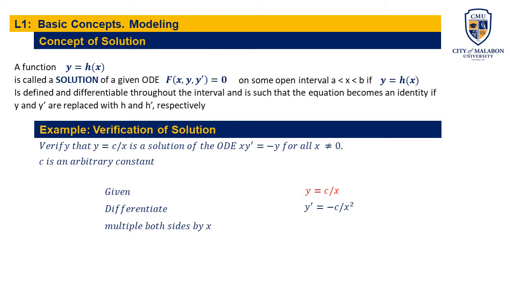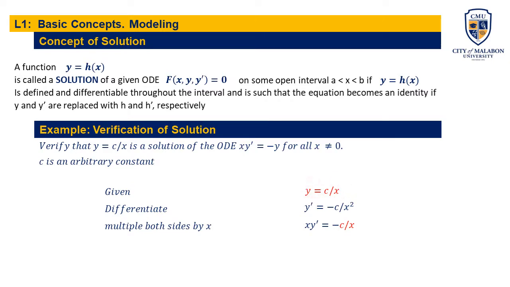Then we will multiply both sides by x. The intention is that we are going to come up with an equation wherein we can see the given equation. If we multiply this equation by x, the resulting equation will be x y prime is equal to negative c over x. So this red font here is actually our given.